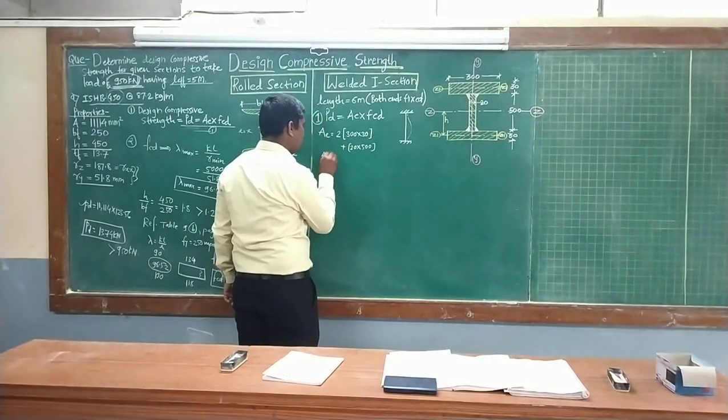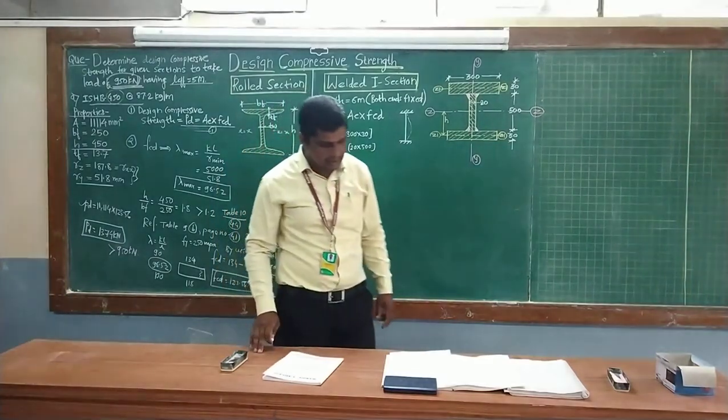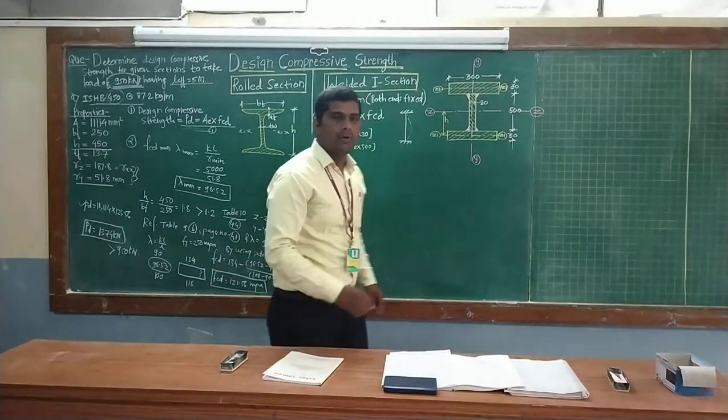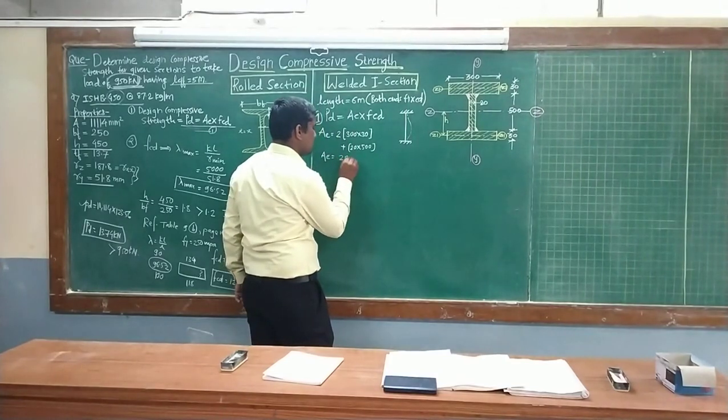So the effective cross-sectional area is 28,000 mm square.